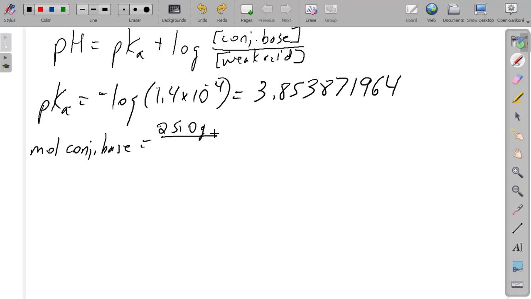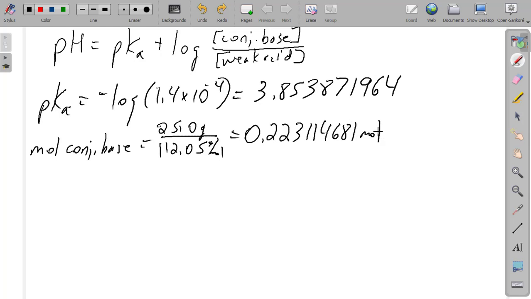25.0 grams over its molar mass, which you were told is 112.05 grams per mole. Remember, mass over molar mass gives you moles. And so that gives you 0.223114681 moles. But now we need this to be concentration.